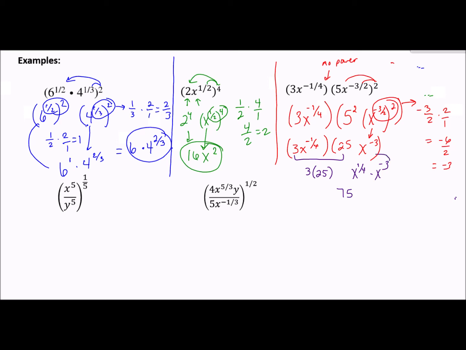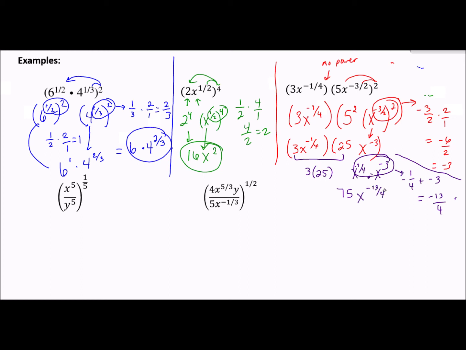And then these are 2 exponents being multiplied together, so now we add the powers. Negative 1/4 plus negative 3. Let's see. That is going to be negative 13/4. Make sure we keep that part separate. So now it becomes x to the negative 13/4.